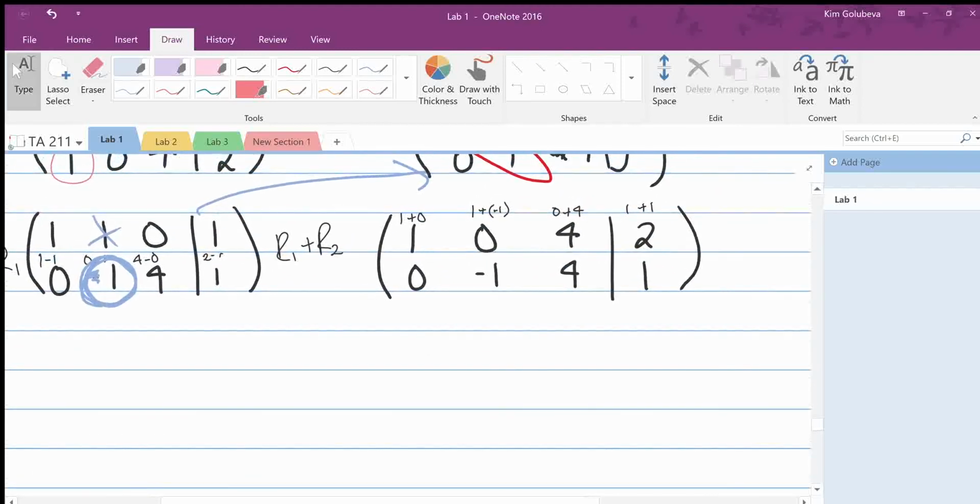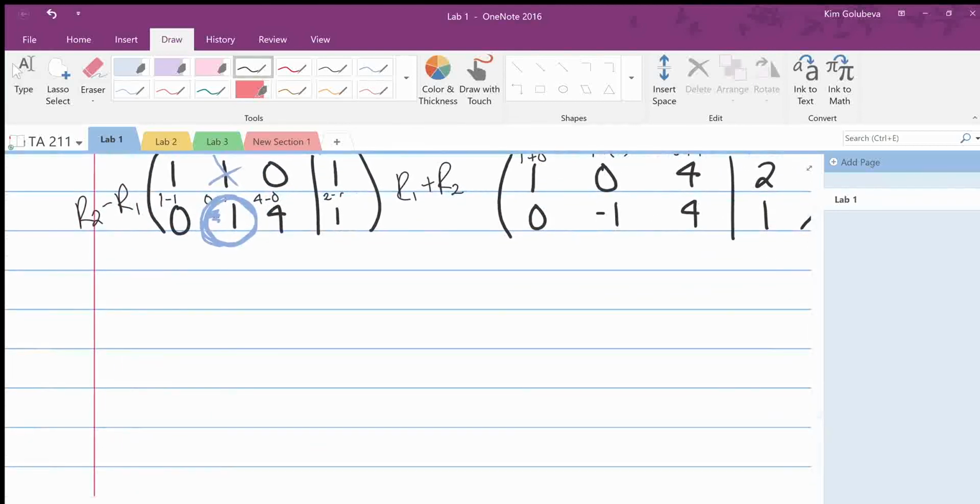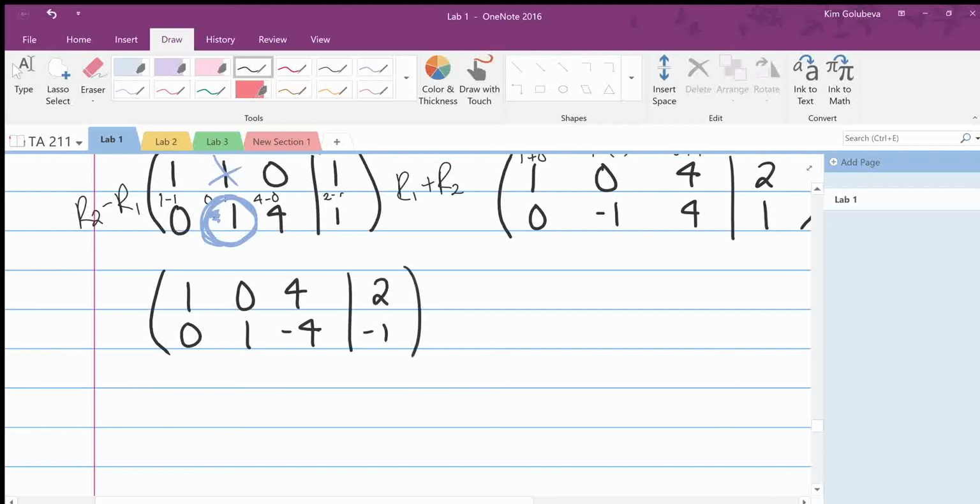Okay, so for this one now, all we have to do is multiply row 2 by -1, and then we'll get the closest to what we were looking for. So we have 1, 0, 4, 2, and 0, 1, -4, -1.